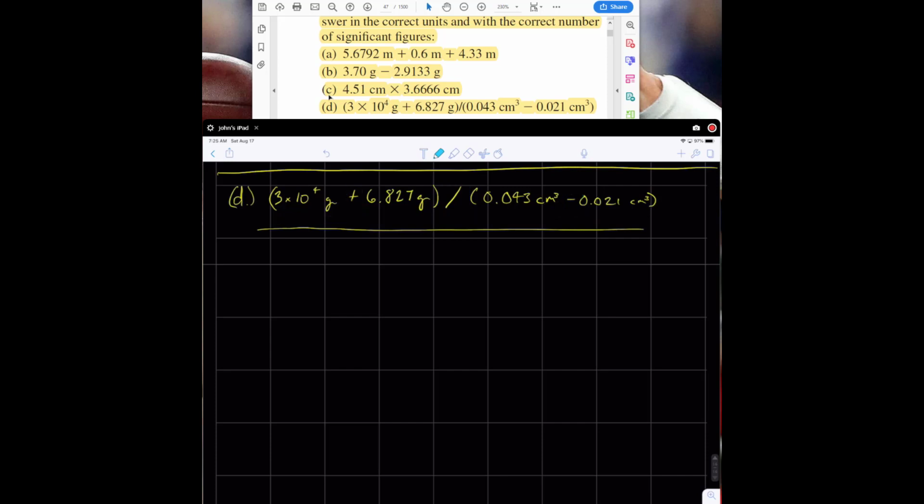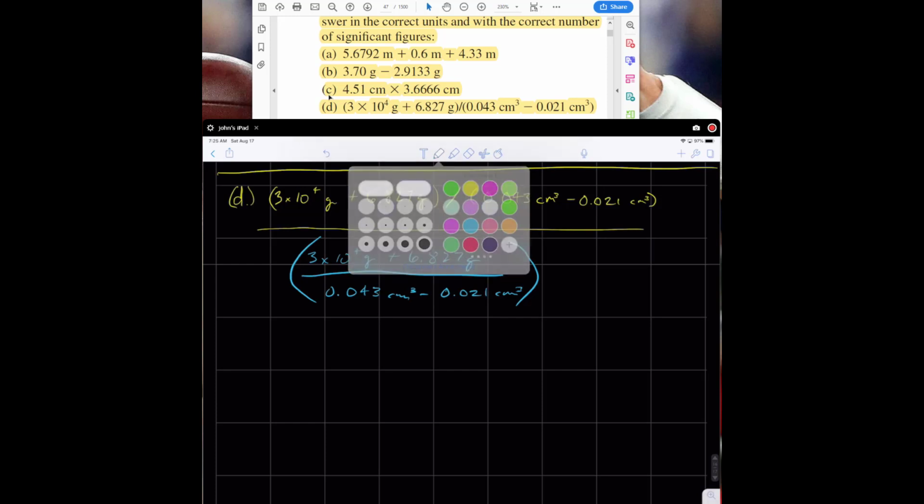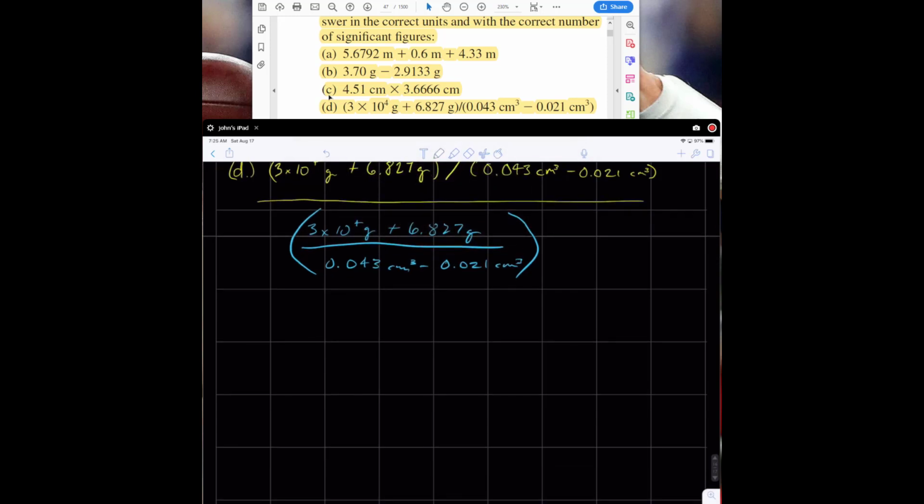Alright, we can rewrite this as 3 times 10 to the 4 grams plus 6.827 grams divided by 0.043 centimeters cubed minus 0.021 centimeters cubed. So I just rewrote this as a fraction, and then we can just start doing the math now.